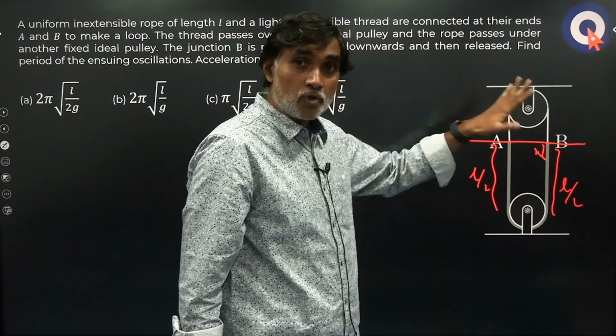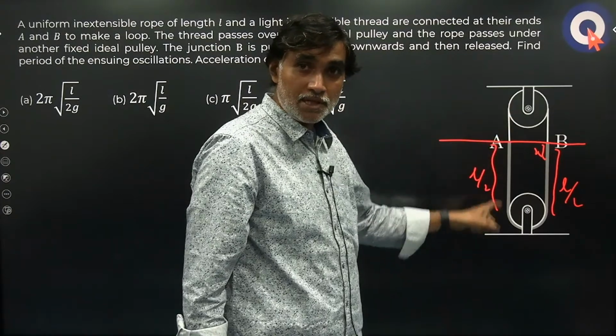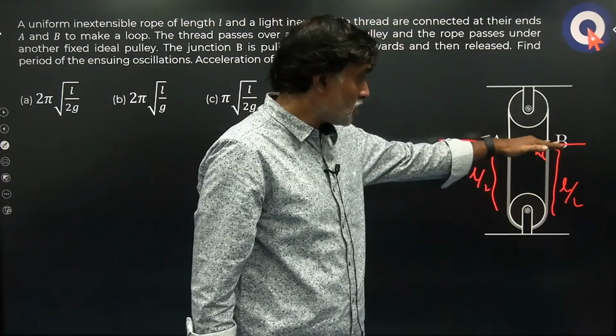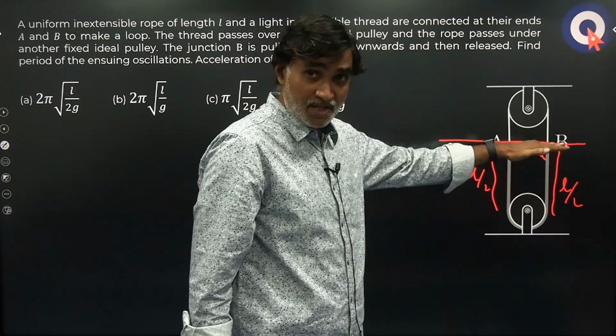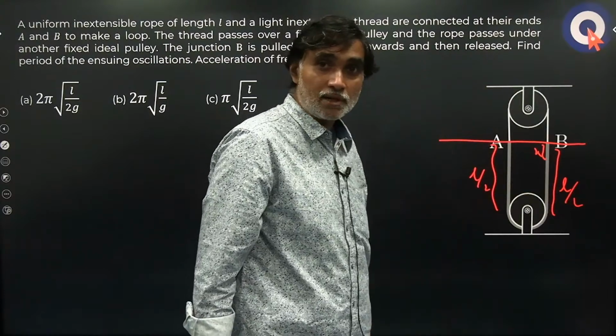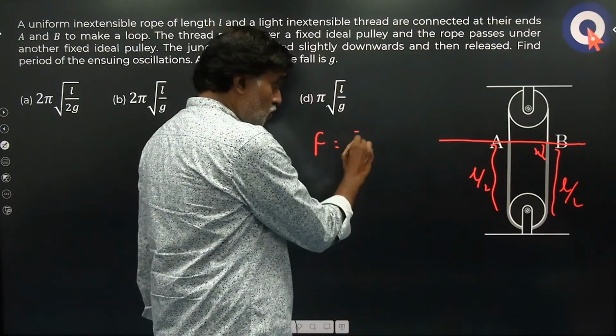So what is the net restoring force? It is the increase in gravitational force in this region minus the decrease in gravitational force in this region. If it comes down by x, the decrease in gravitational force here is lambda gx, and the increase in gravitational force here is lambda gx. So the restoring force is 2 lambda gx.